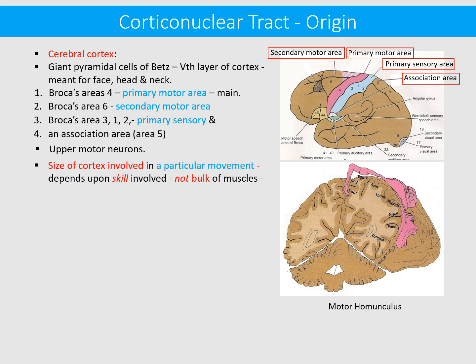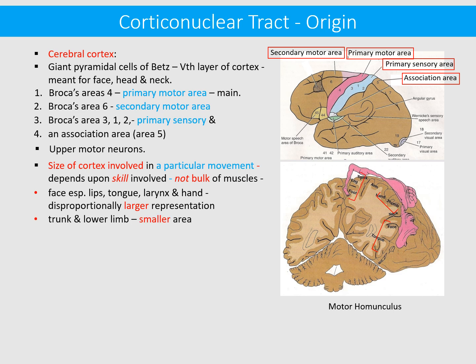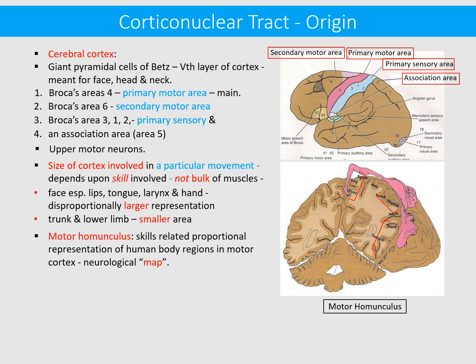And one thing to remember is the size of the cortex involved in a particular movement depends upon the skill involved and not the bulk of the muscles. The face, especially lips, tongue, larynx, and hand, disproportionately have larger representation as compared to the trunk and lower limb, which have a smaller area of representation.